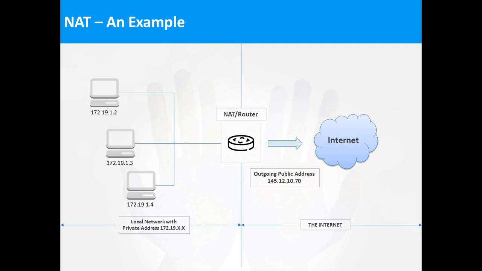That range of IP addresses is assigned to 3 computers and it is NATed with the help of a router and a public IP address. So the people on the internet cannot see or access the private range of IPs here. I mean, no one can see these computers here. But the computers here with the private IP addresses can access the internet with the help of the NAT technique.